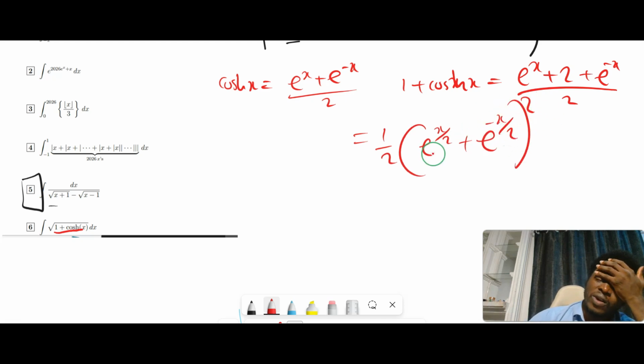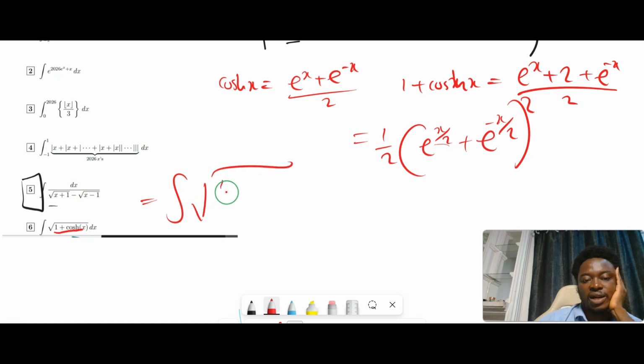Because if you take the square, you have this; if you multiply, you have 2. So this would be the integral of square root of half times e to the x over 2 plus e to the negative x over 2, all squared.